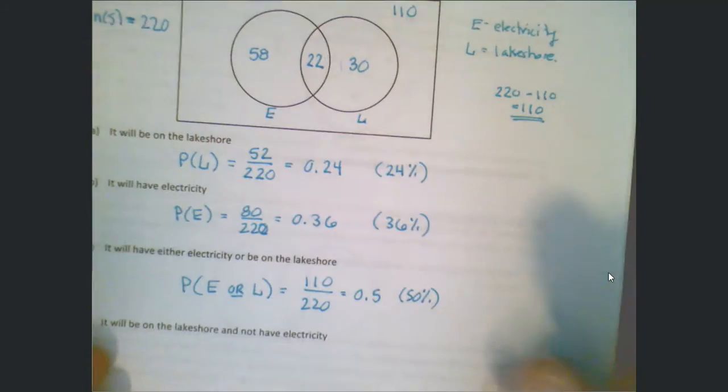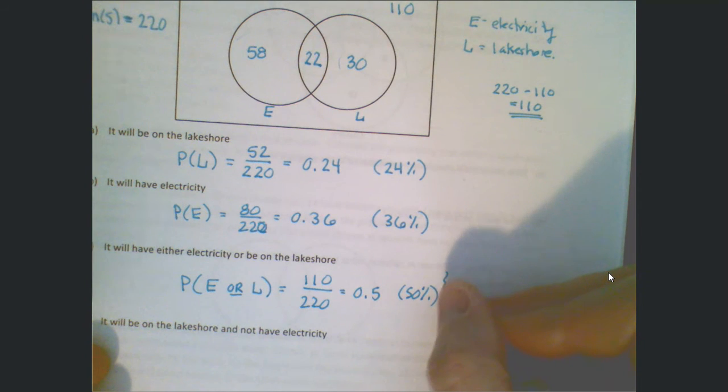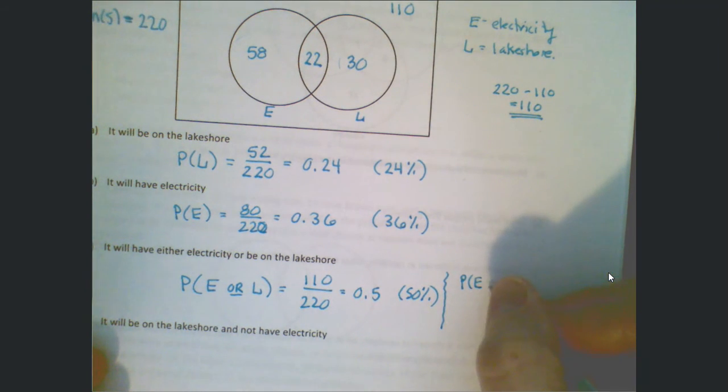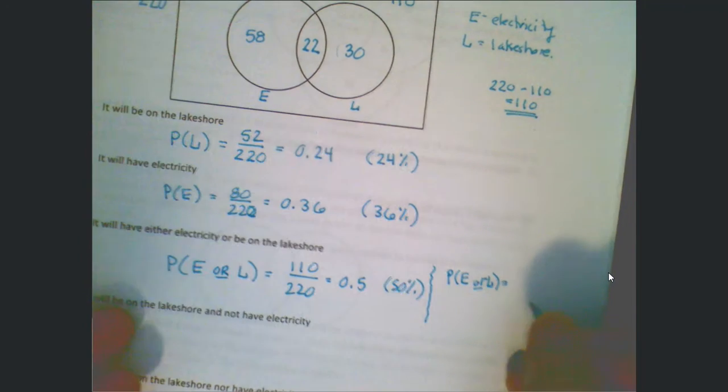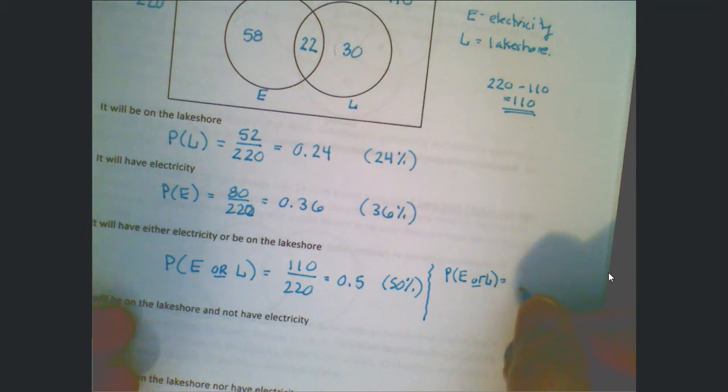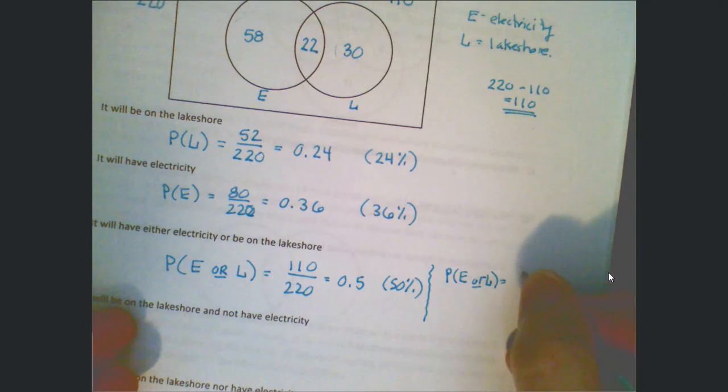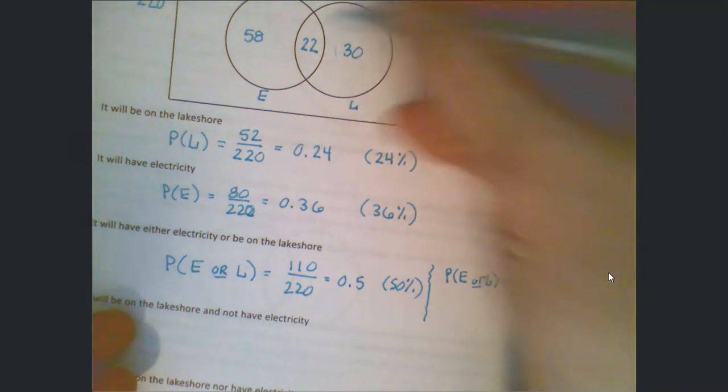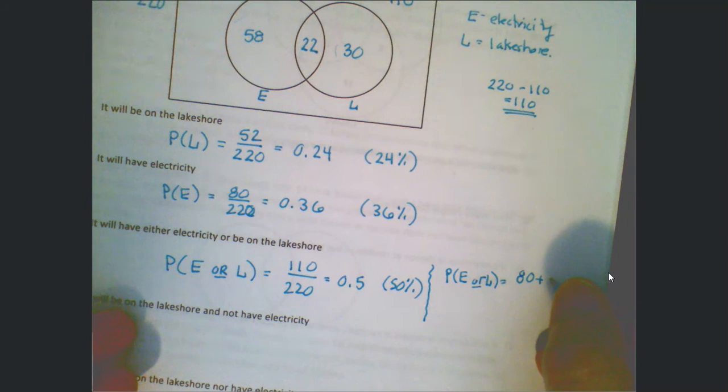Okay, the other way you could have done it is if we use that equation we had before, but I doubt you will do it this way. You would say, how many had electricity? It was 80. And how many are on the lakeshore? That was 52.